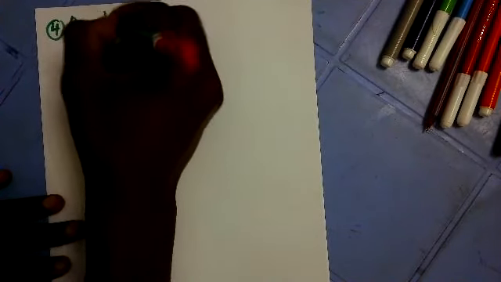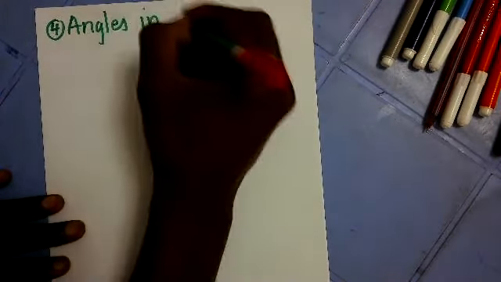And now we have just finished looking at the property of angles which add up to 360 degrees. Now we are going to the fourth property, and our fourth property will be angles in polygons.